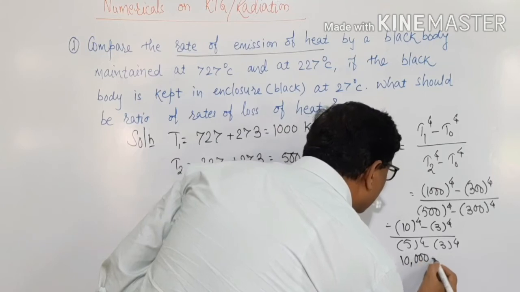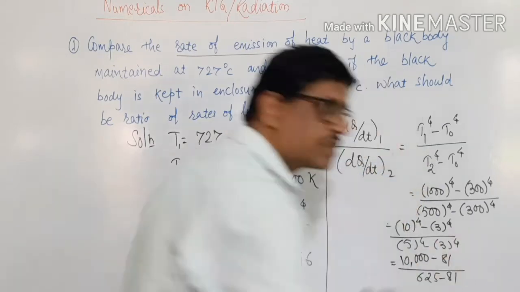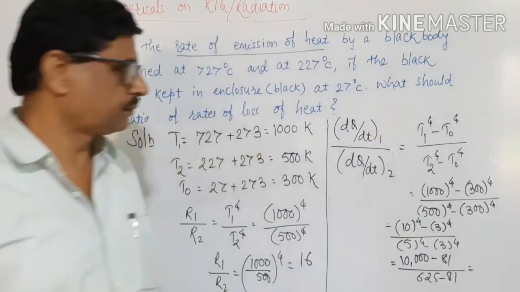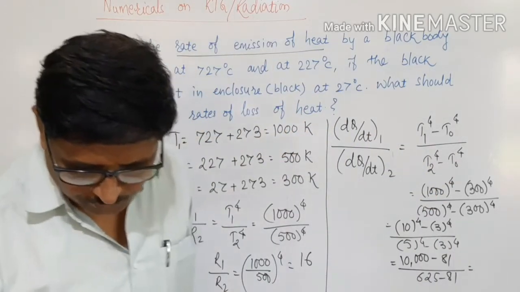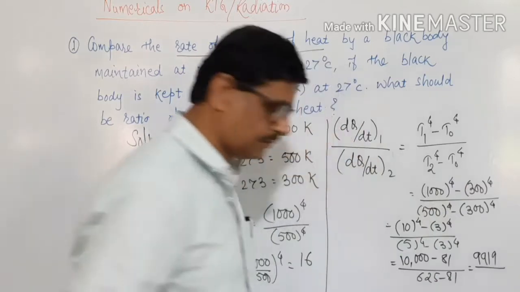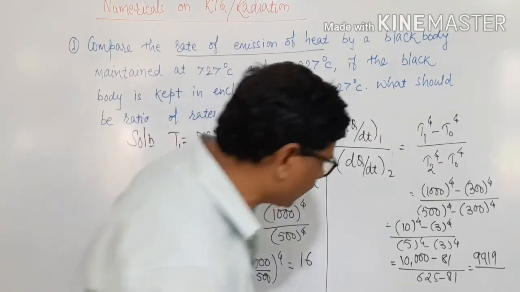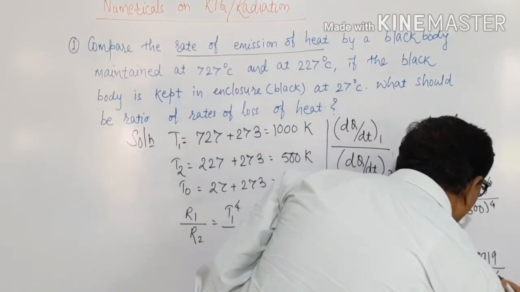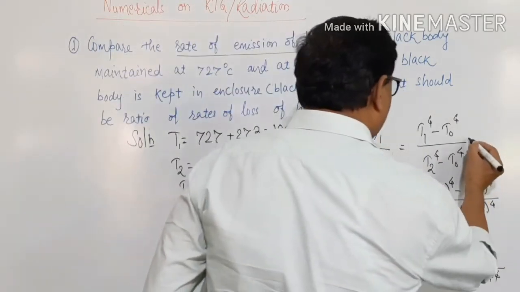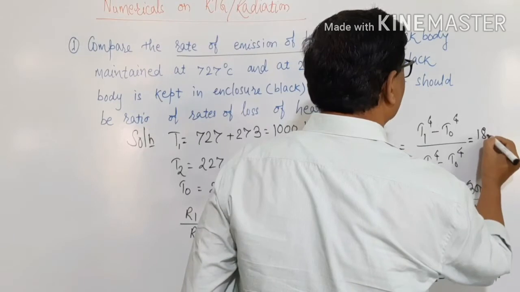10,000 minus 81 divided by 625 minus 81, and it should come out to be equal to 9,919 divided by 544, and this total comes out to be equal to 18.23.